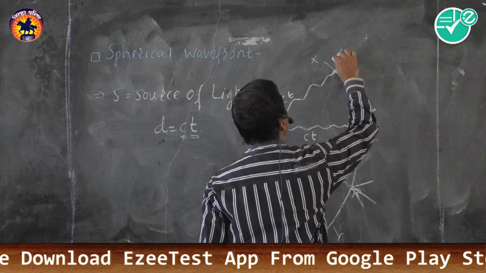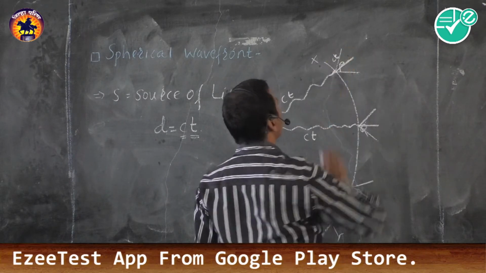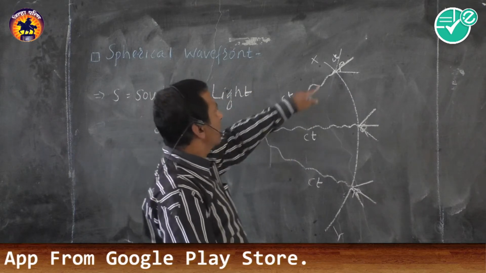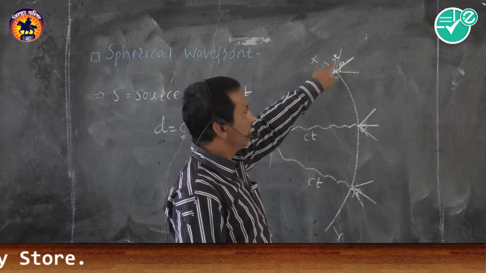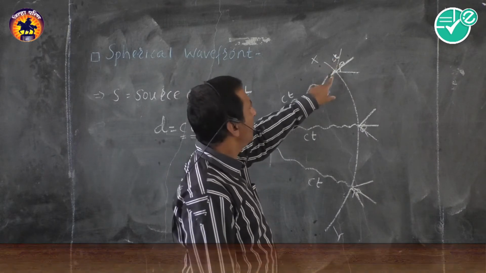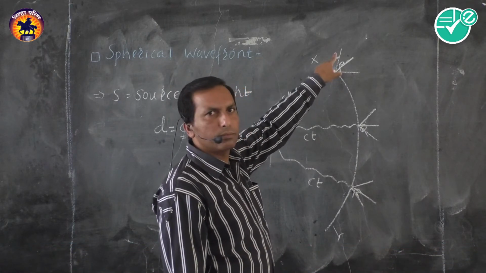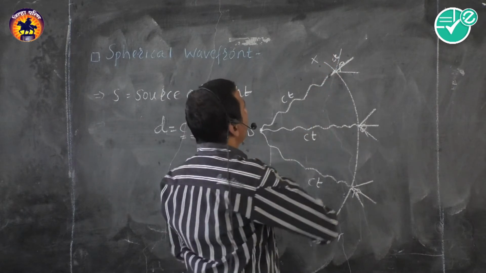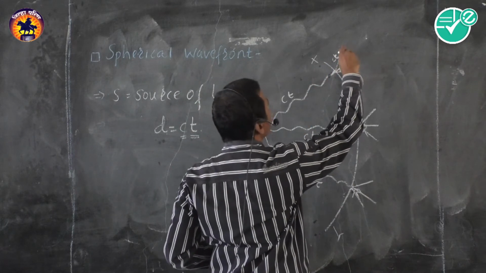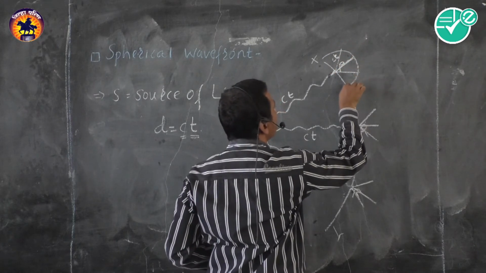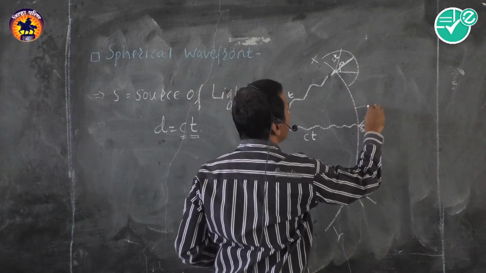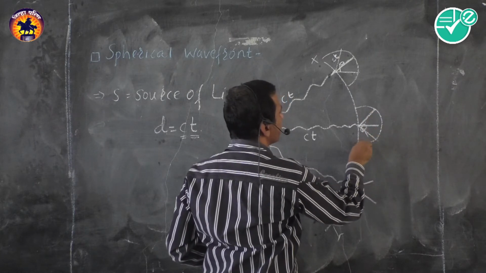Taking c as its velocity, the distance travelled by the secondary rays in time t is ct. Then, taking ct as the radius, draw a hemisphere for each secondary source.